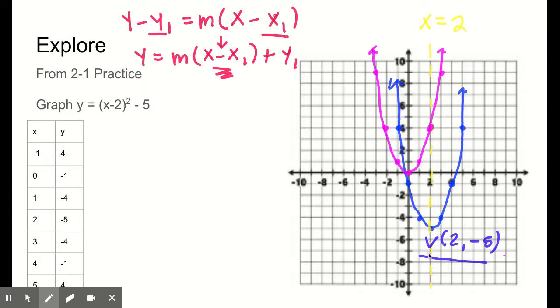And that's the exact same thing that happened with this equation here. We change the sign on this 2 that's inside the parentheses, and we instead go in the positive direction. And then this value here brings us in the negative direction. So this here gives us the vertex of our function.